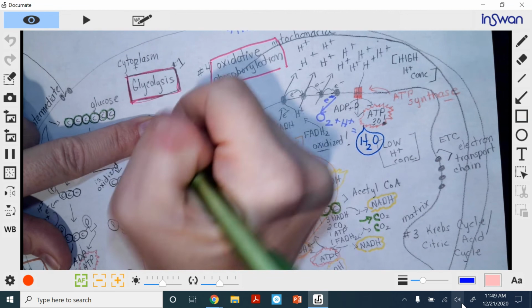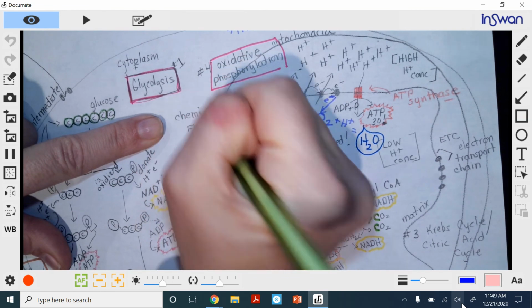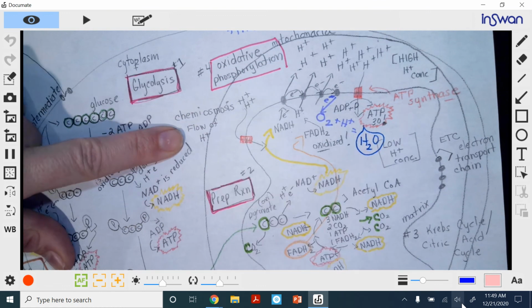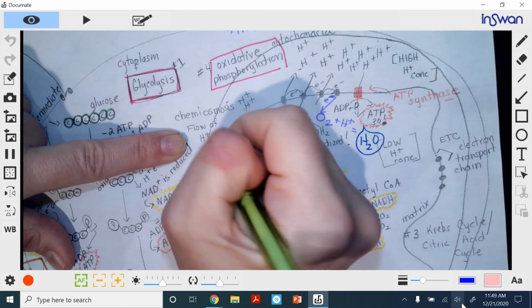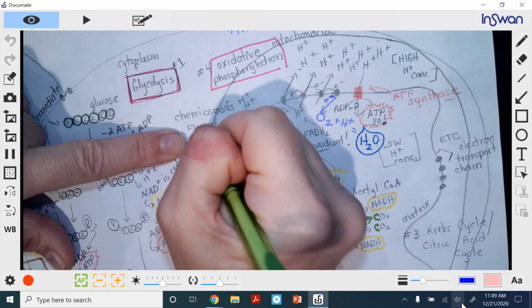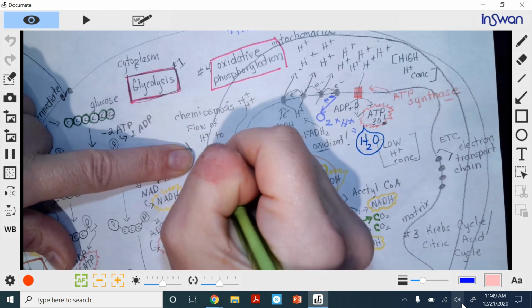Chemiosmosis is the flow of protons. Remember, that's what's happening. They go through ATP synthase to produce ATP.